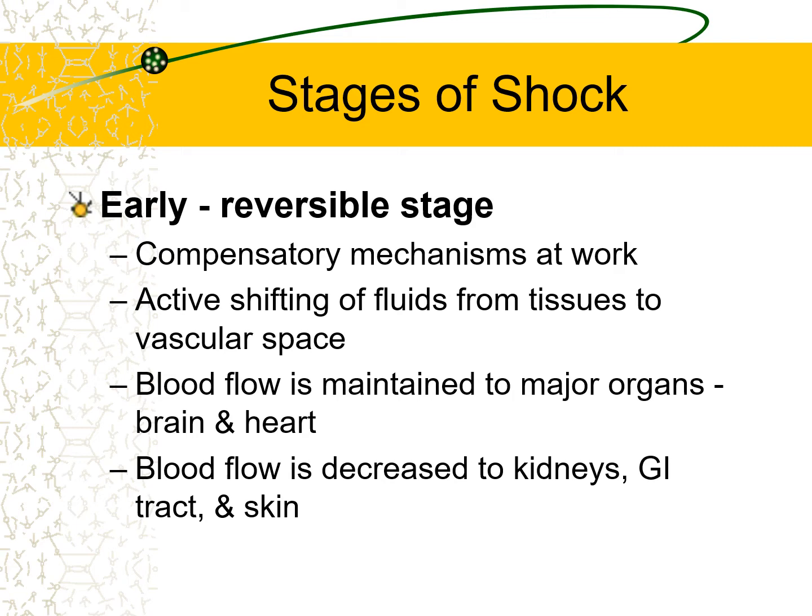Blood flow is shifted or decreased to other organ systems, certainly the skin and the GI tract, and even decreased to the kidneys, all in the effort to make sure that the brain and the heart get the blood flow that they need. So during this early stage, it's really hard to pick up on the fact that the patient's in shock because the compensatory mechanisms are at work.